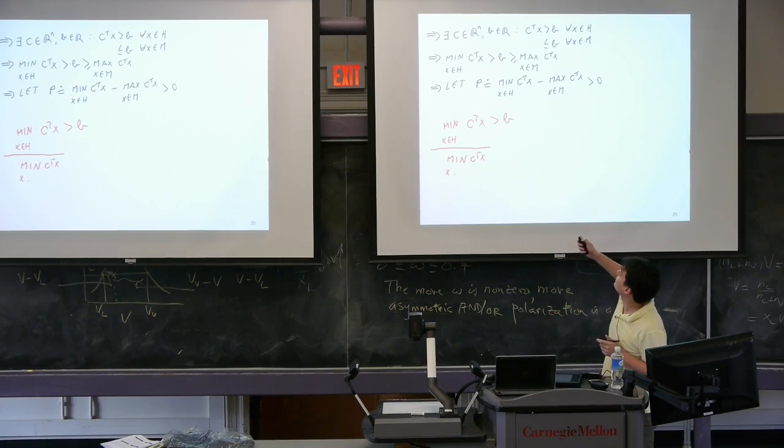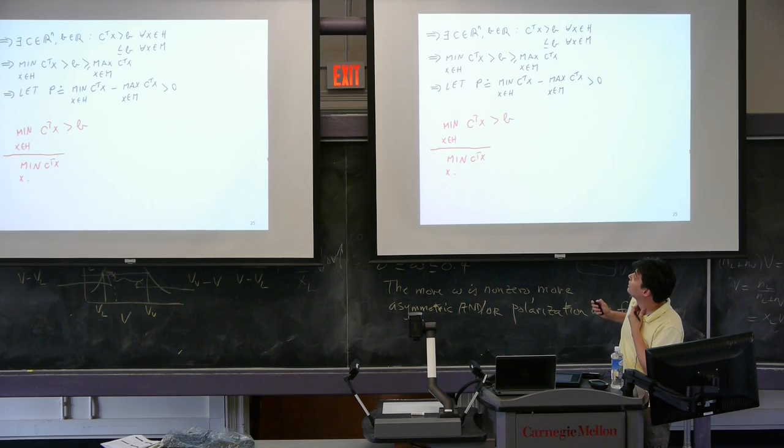Yeah, I have C, yeah, this is how we, yeah, so the minimum C transpose X is always bigger than B in H, and B is bigger or equal than C transpose X in M. So you find the minimum of X in H. H is the positive, right?